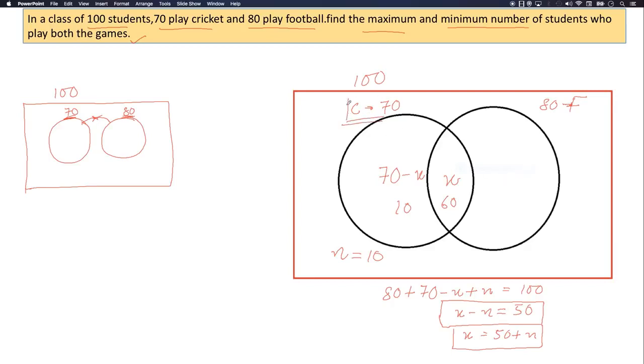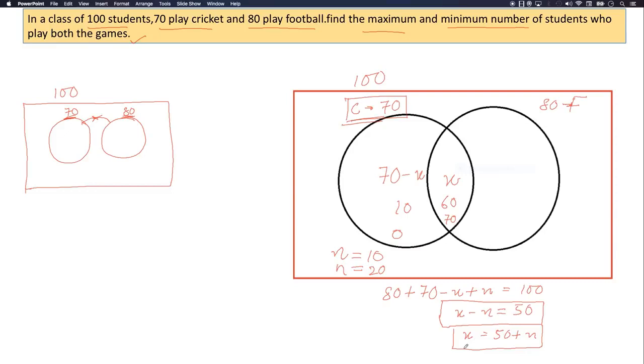It can go at maximum till 70, where everyone who plays cricket plays football. So what will happen then? The number of people playing only cricket would be 0, the number of people playing both cricket and football would be 70, and n, the number of people outside this union, would be 20.